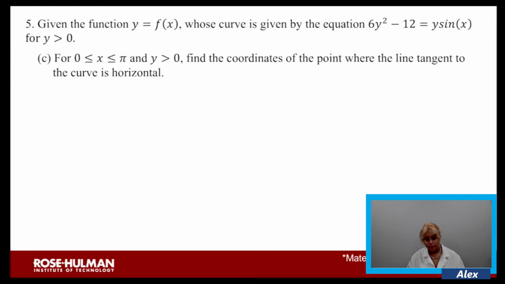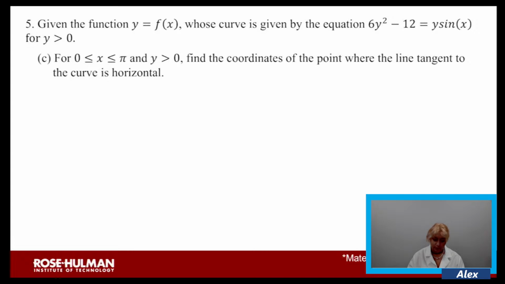For part C, for 0 is less than or equal to x is less than or equal to pi, and y is greater than 0, find the coordinates of the point where the line tangent to the curve is horizontal. So this one is very similar to the one that we just did, except we have more constraints, and we know what the slope is, but we don't know the point.